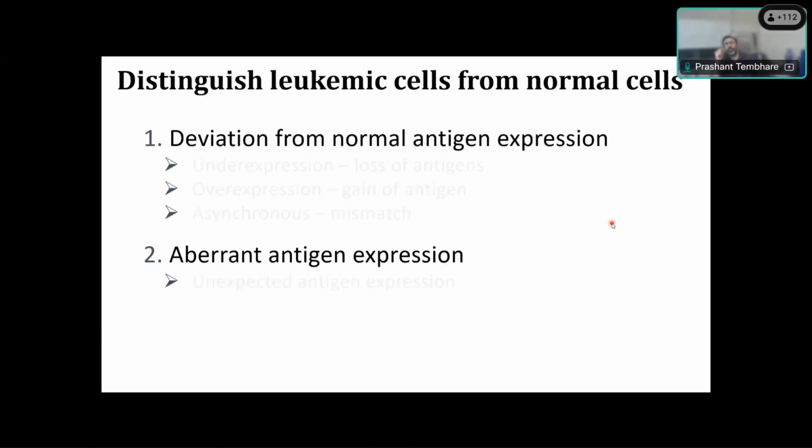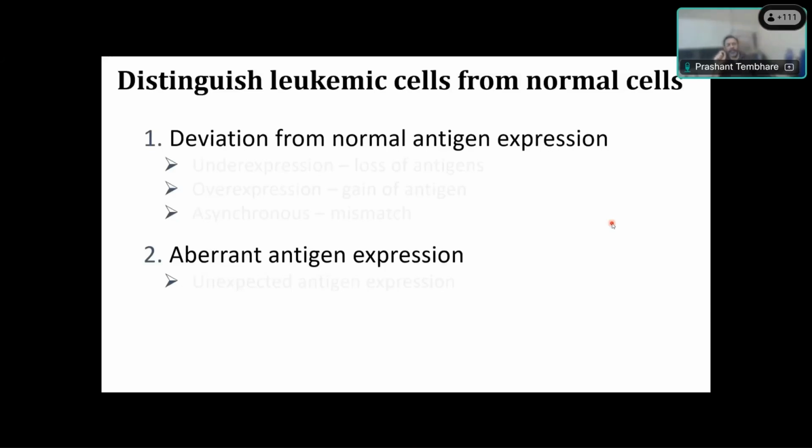So using this normal fixed antigen expression pattern, we can differentiate the abnormal cell from the normal cell, because an abnormal tumor cell always shows some deviation from the norm. So you take that as a principle. Deviation from normal antigen expression is the first principle.